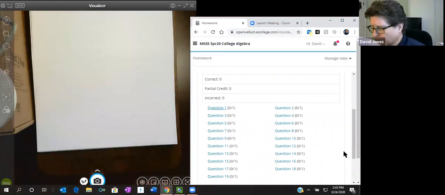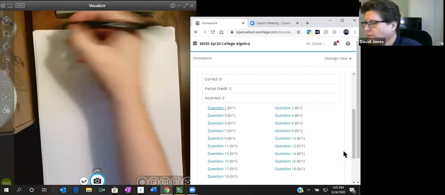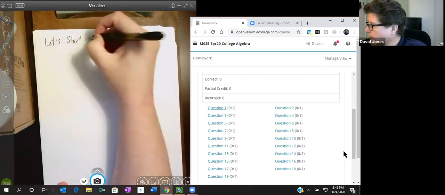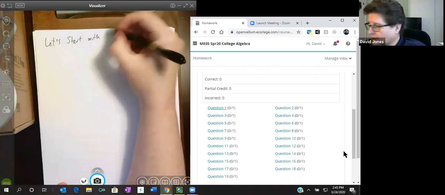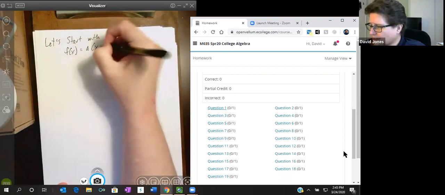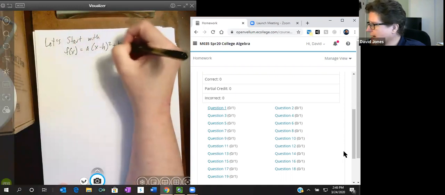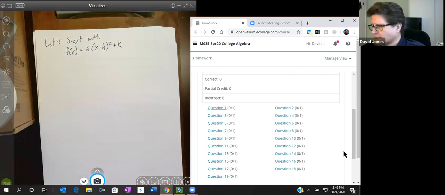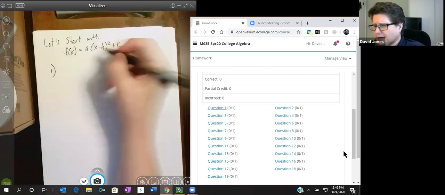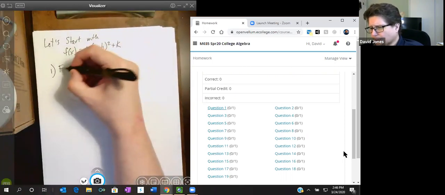Okay. So what we're going to do, let's start with f of x equals a times x minus h squared plus k. Step 1, find and plot the vertex.